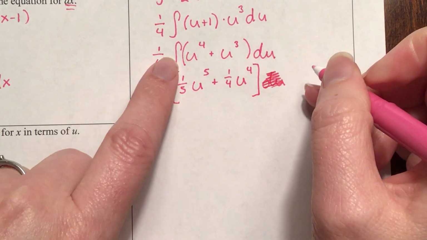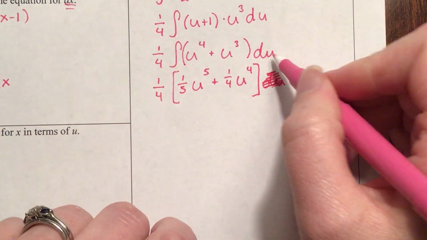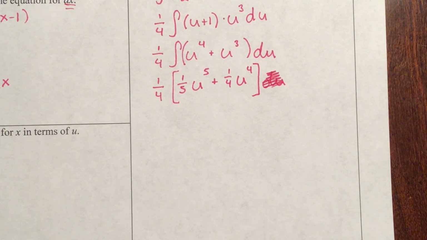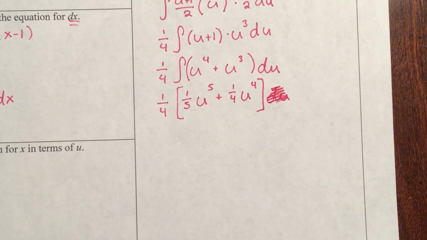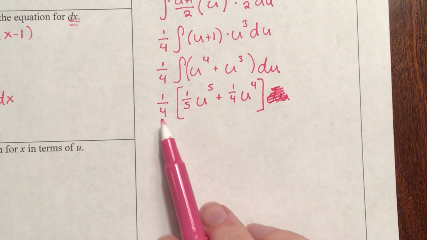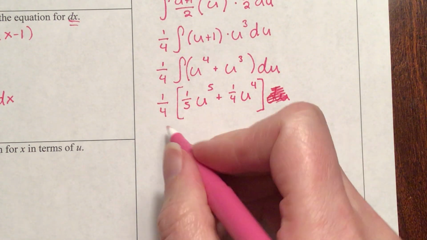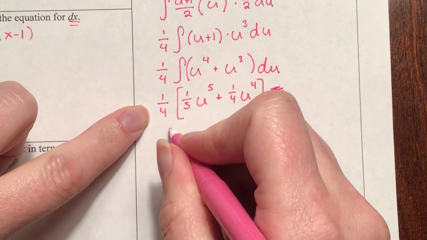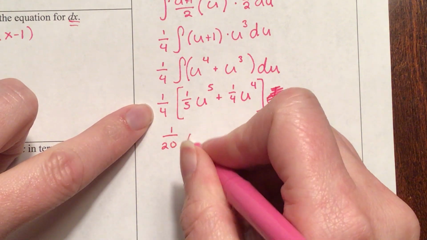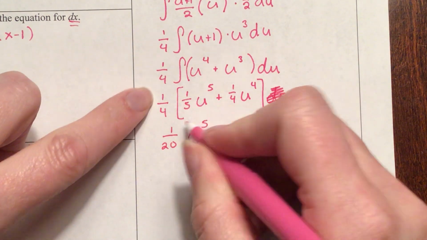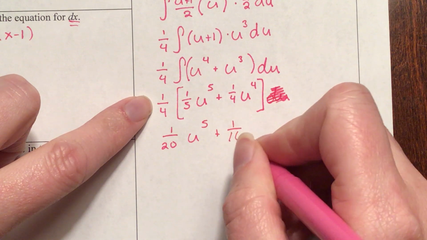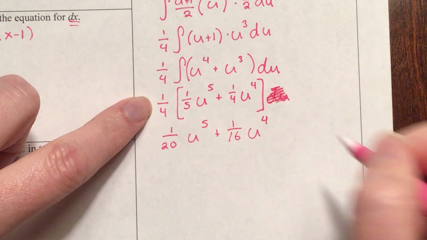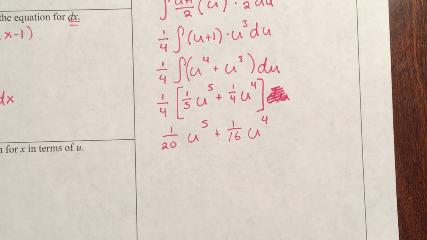No, we just took the integral, so the integral symbol and the du go away. There, it was totally a test. Yep. Okay, let's distribute the 1/4 so it's not just hanging out there in the front. 1/4 times 1/5 is 1 over 20. U to the 5th plus 1/4 times 1/4 is a 16th. U to the 4th. No du's at the end.